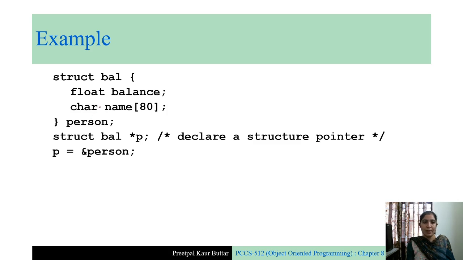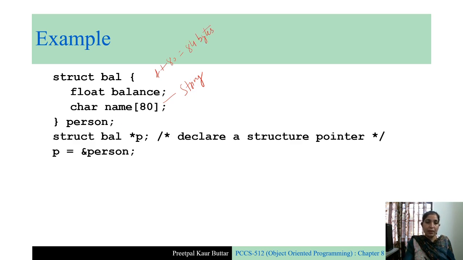So here is an example. We have a structure balance. Structure balance contains two variables, float balance and char string name. This string is an array of length 80, so it contains 80 bytes, plus this balance, which is a float, contains 4 bytes, so in total this structure will occupy 84 bytes.